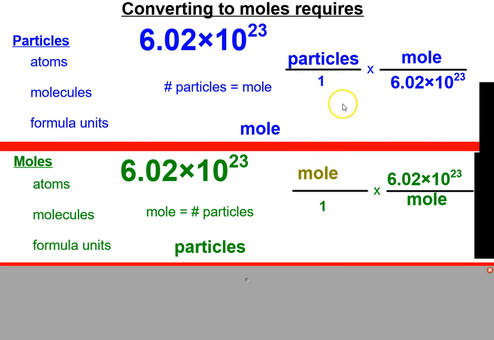That first fraction in the calculation, it's different, isn't it? Here we start with particles, just like I was just explaining. And then here we're starting with moles. And how is this fraction different? It's still the number of particles that equal a mole. What's the difference between this fraction and this?